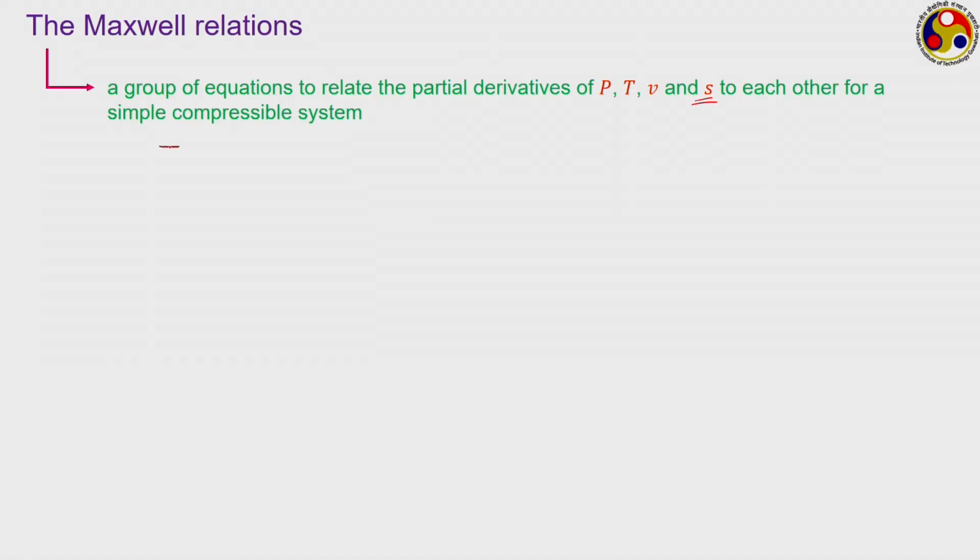The first equation was TDS is equal to du plus P dV, that is du equal to TDS minus P dV, or if we write in terms of extensive properties, dU equal to T dS minus P dV. That was the first TDS relation.